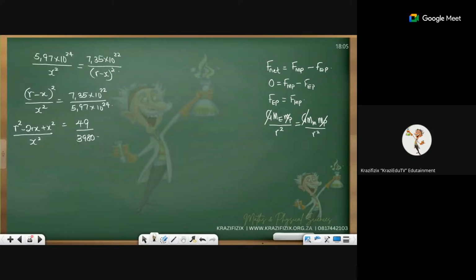Okay, so we have R squared minus 2rx plus x squared. Give me that again in decimal. 0.012 cross multiply x squared. Now let's move this one here. What do we have? R squared minus 2rx. This is 1 minus, because there's a 1 here. What will that give me?